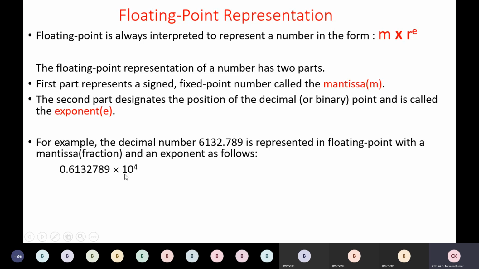In decimal format r will be 10, but when you try to represent a floating point number in binary, r will be 2. And the exponent will be 4. So the mantissa part is this one, and I represented the exponent as 4, and remember our radix is 10.